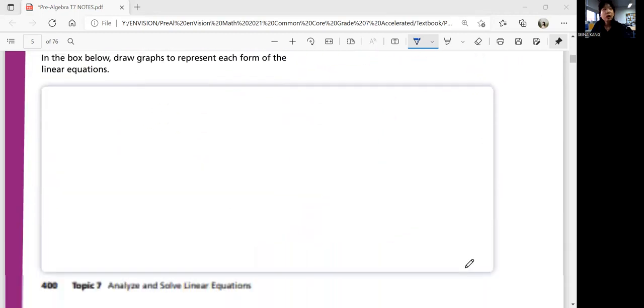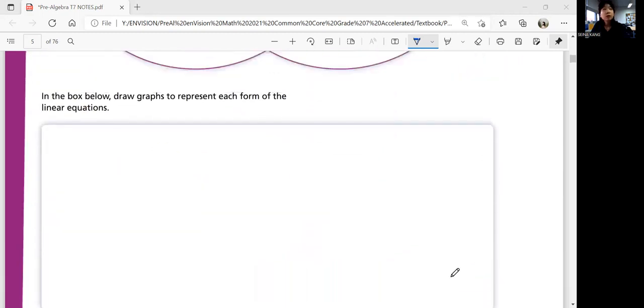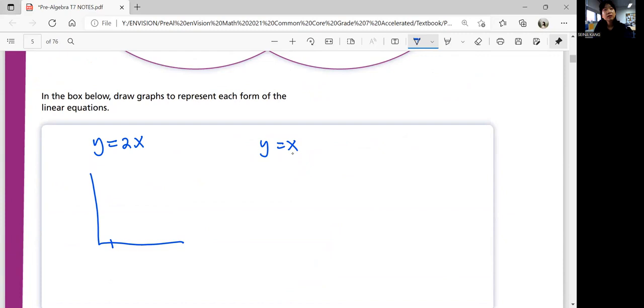Okay. In the box below, draw graphs to represent each form of the linear equations. So if you were to look at it in a graph, for example, y equals 2x versus y equals just simple x versus y equals x plus 2.